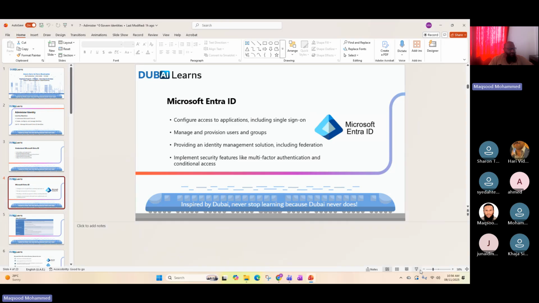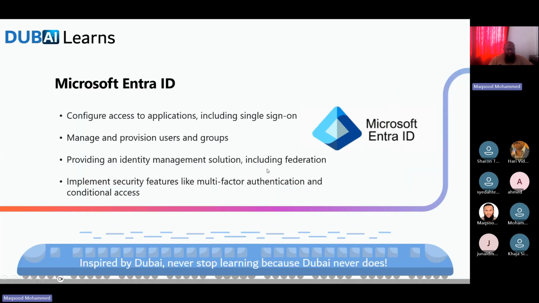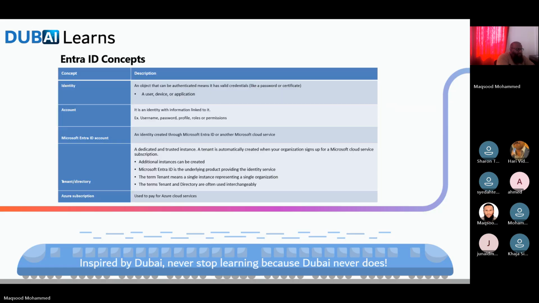So now I hope you can answer when someone asks you what is Entra ID. Entra ID is nothing but an identity and access management service provided by Microsoft. Now you need to understand different concepts related to Entra ID.